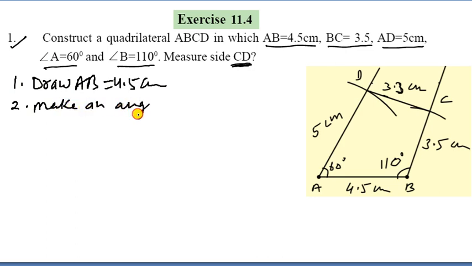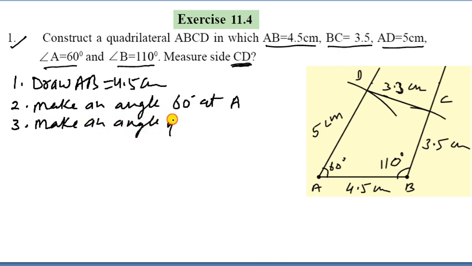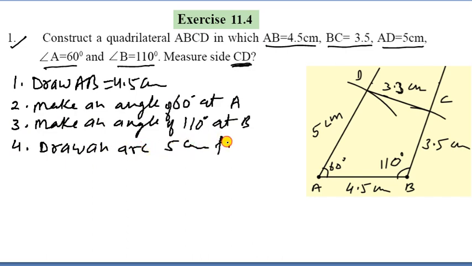Second, make an angle of 60 degrees at A with the help of a protractor. Third, make an angle of 110 degrees at B. Fourth, draw an arc of 5 centimeters from A.